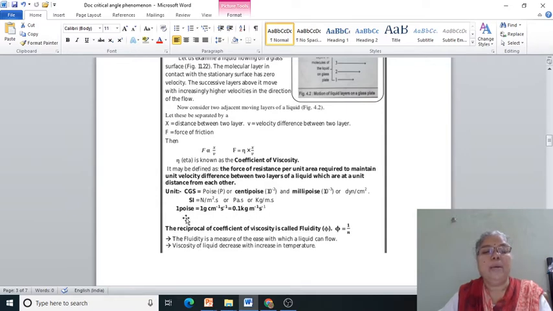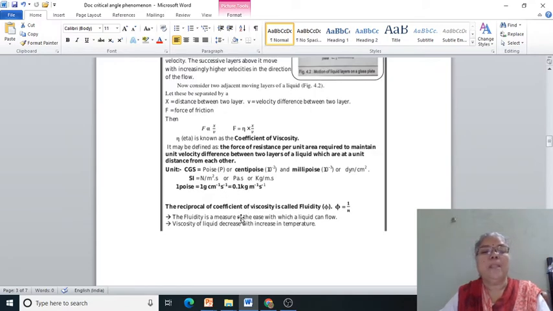And remember, one poise is equal to 1 gram per centimeter per second. Then the reciprocal of the coefficient of viscosity is called fluidity. That means phi is equal to 1 by eta.